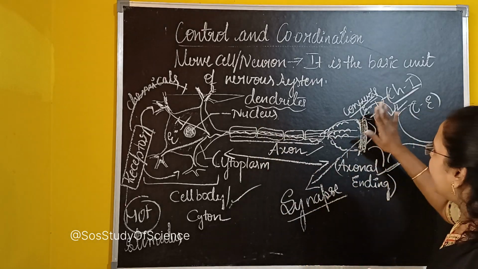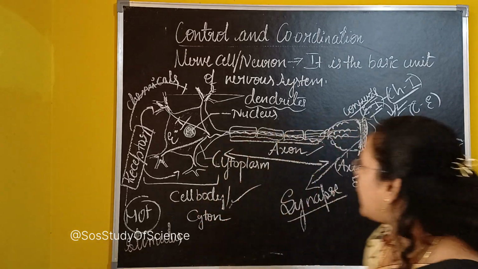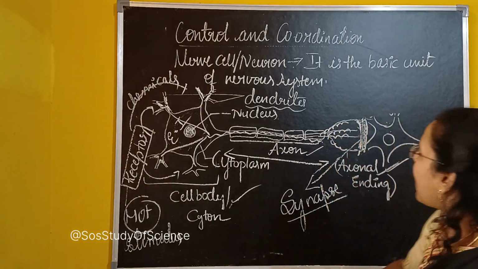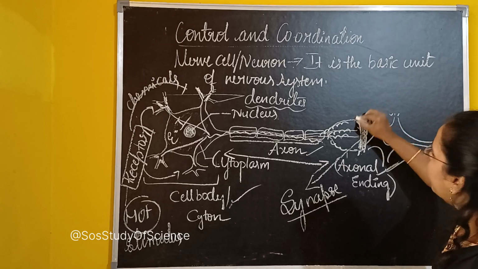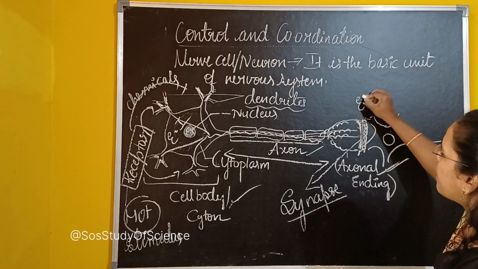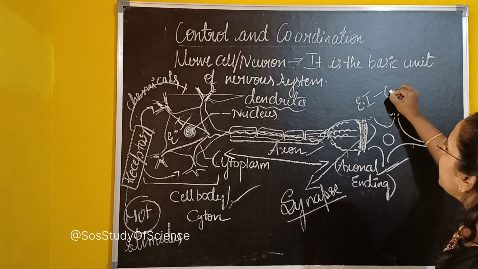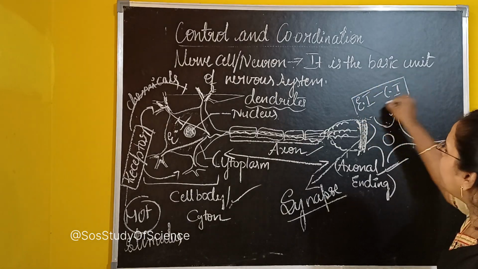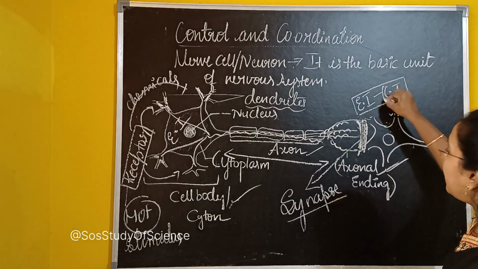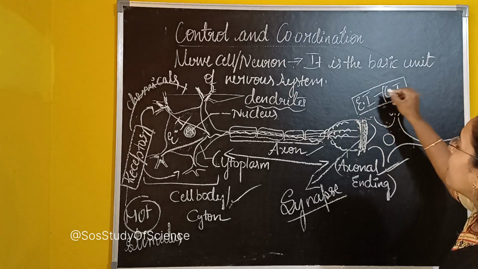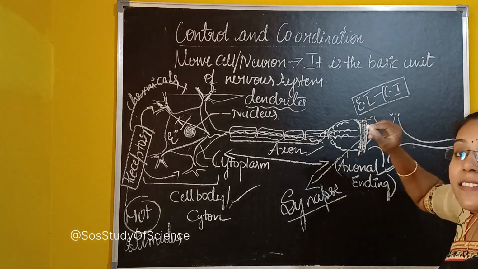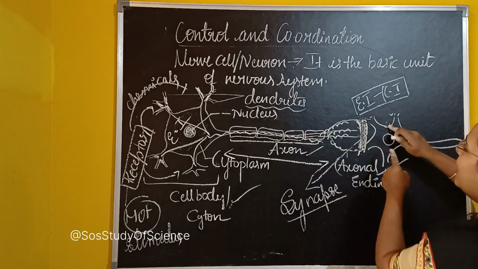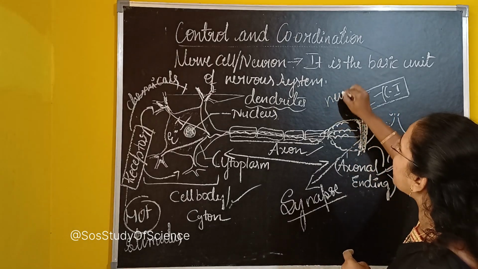I repeat. What you are observing here is that the axonal ending is converting the electrical information to chemical information. This information, which got converted from electrical to chemical, is carried by the axonal ending towards the dendrite by neurotransmitters.